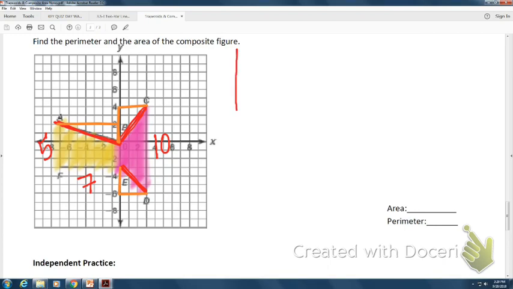What is the length of one of my legs for AB? 7. What about the other one? 2. Okay, so I know in order to solve for AB, I need 7 squared plus 2 squared equals c squared.